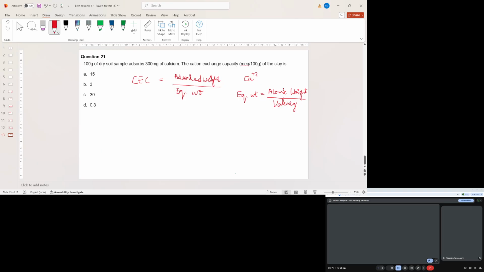The atomic number of calcium is 20 and the atomic weight is 40, and valency is plus 2. That is 2, either it can be deprived of electrons or it can be in excess of electrons. So atomic weight is 40 by 2, which means equivalent weight is 20 grams.